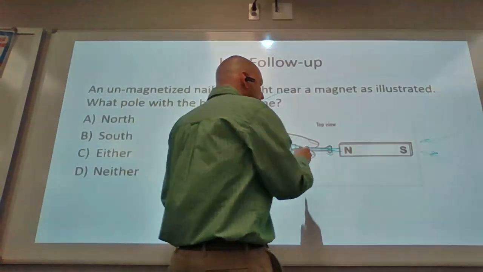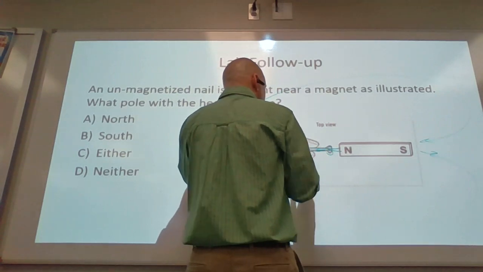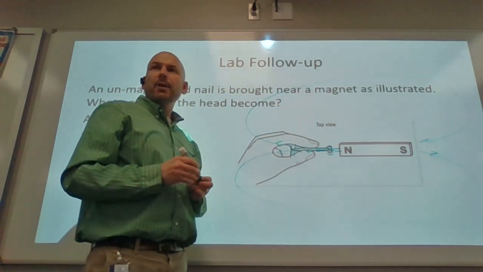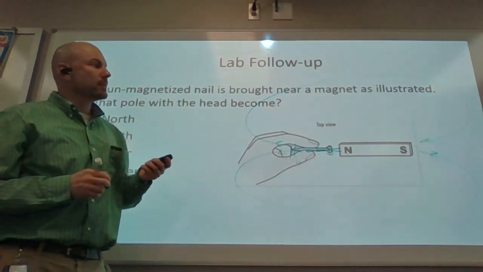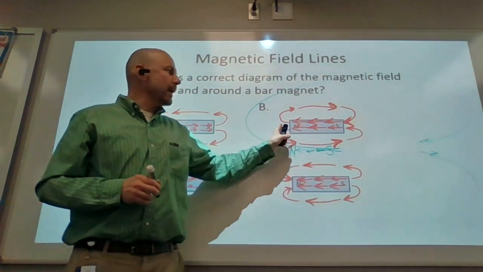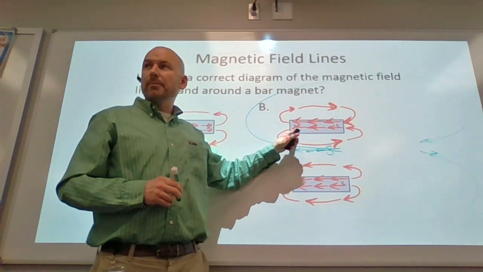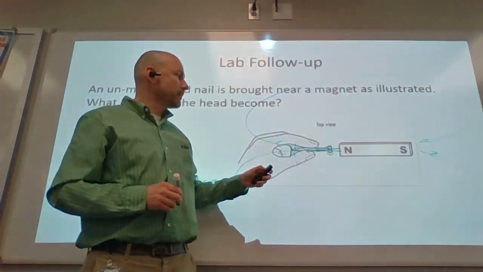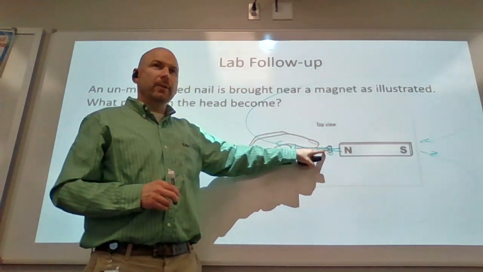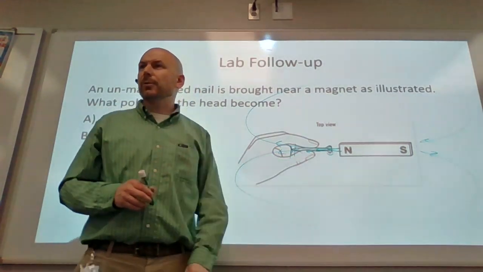And so some of them start to switch in line with this external magnetic field. So if you remember, field lines go out of north into south, but inside the magnet, they go from south to north. In the nail, the magnetic field lines are going from south to north, making this side the North Pole, this side the South Pole.